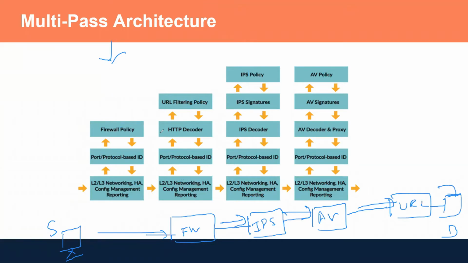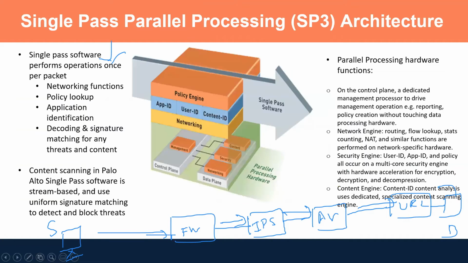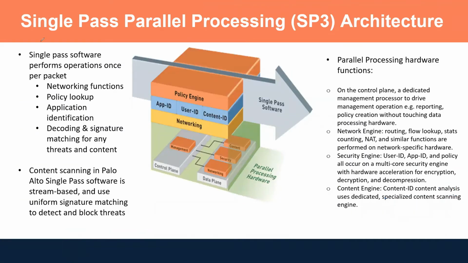If you compare that with Palo Alto, in Palo Alto we have a single pass architecture, which is the SP3 model. So let's go and understand the SP3 model. In the SP3 model, the single pass software is working.